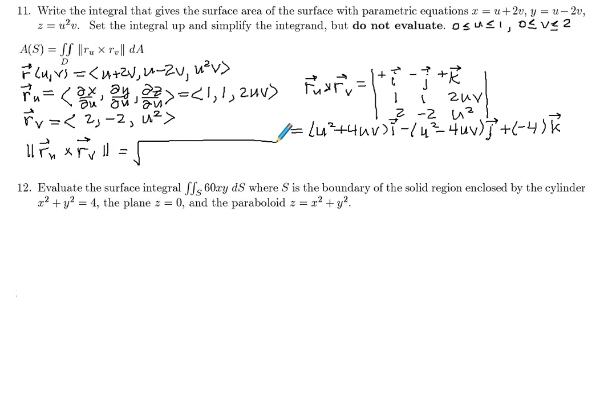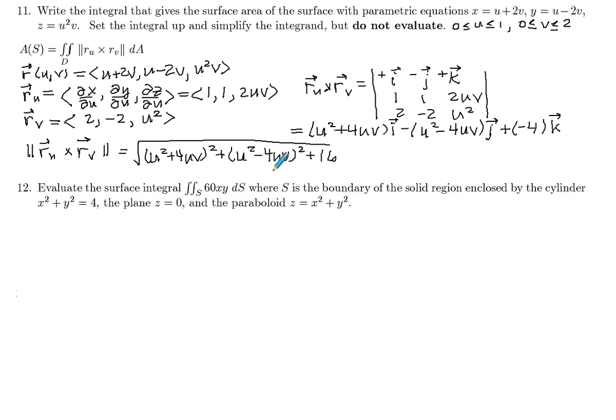So square the first component, u squared plus 4uv quantity squared, plus, and this is really the negative of u squared minus 4uv, but when you square it, that negative is going to go away. So we can just do u squared minus 4uv squared, and then negative 4 squared would be 16.